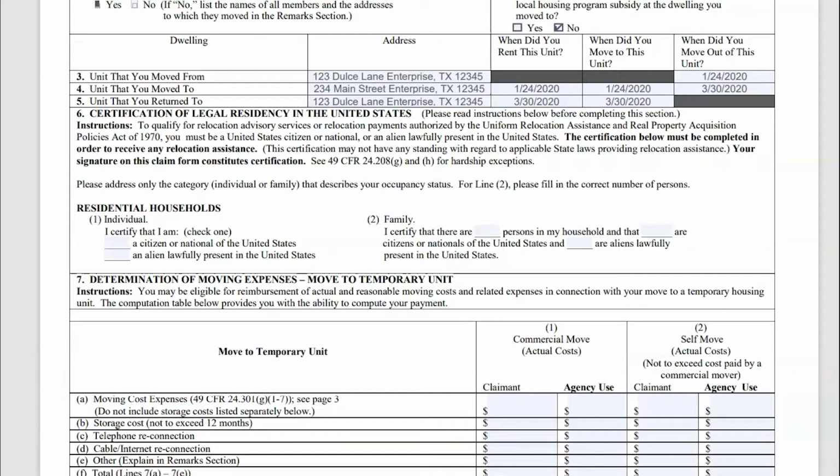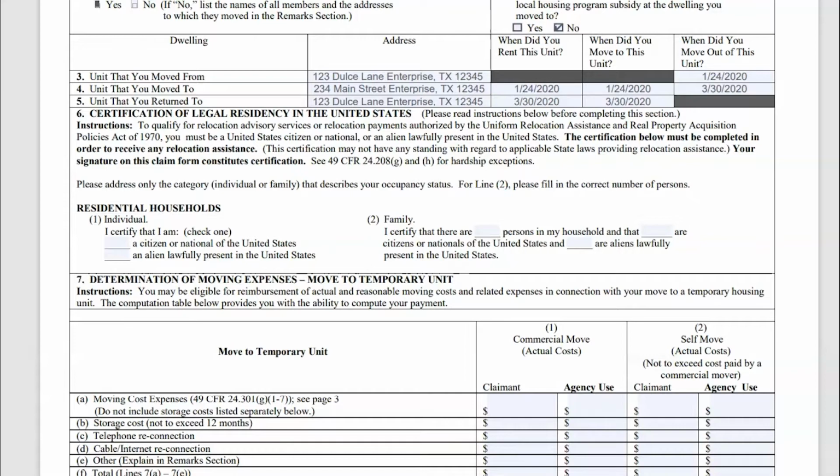The certification in cell 6 must be completed in order to receive any relocation assistance. In order to certify, the claimant will sign the completed form. Claimants should see 49 CFR 24.208 G and H for hardship exceptions to the legal residency requirement.